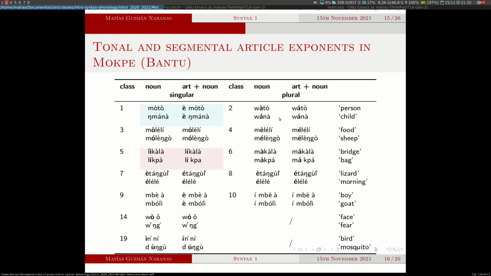It doesn't have to be affixes. It can be suprasegmental. In this case, we would say that these are like floating tones or melodies. This is fairly common. Bantu languages do this a lot, marking morphology with tones.